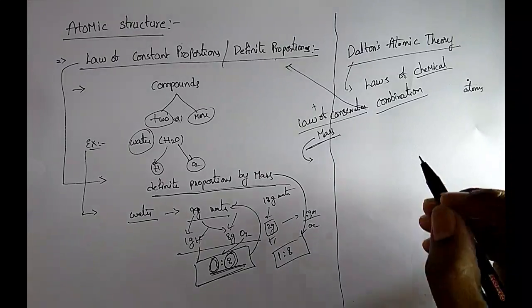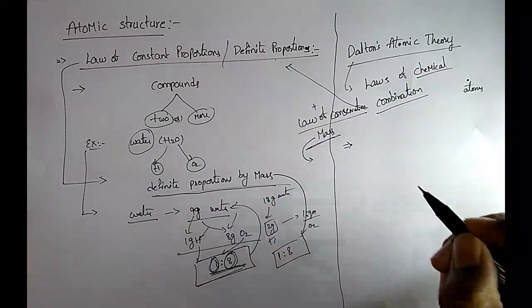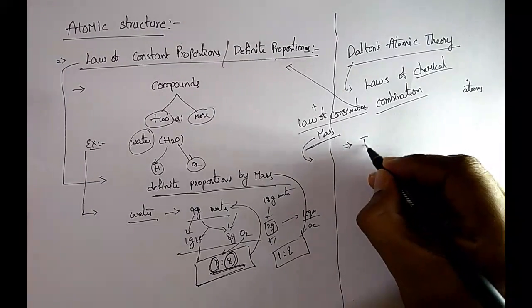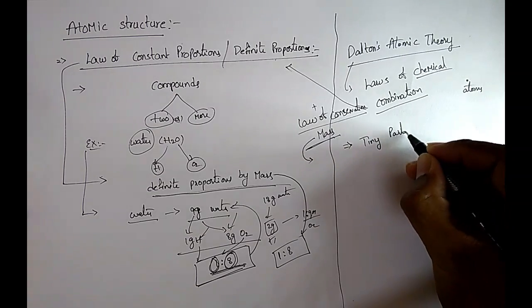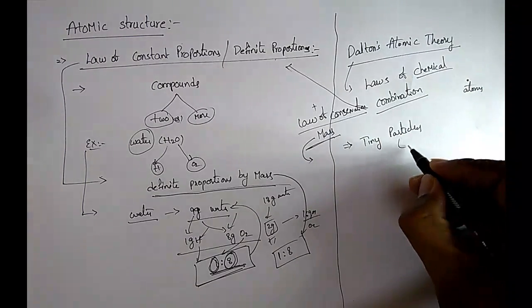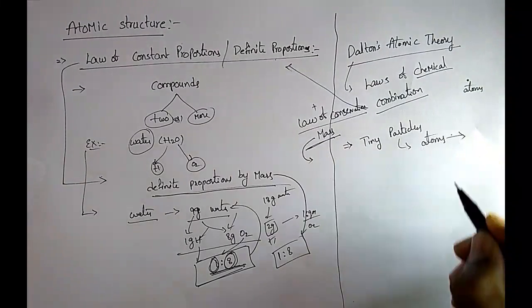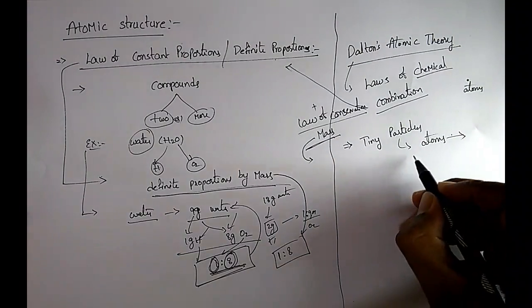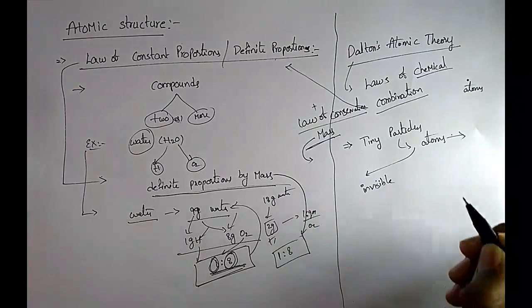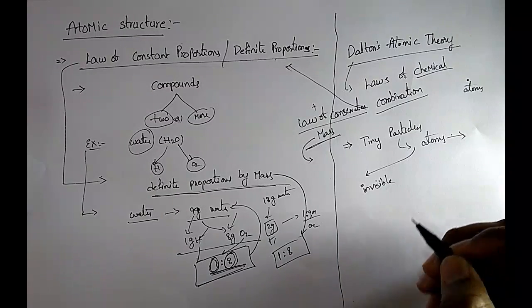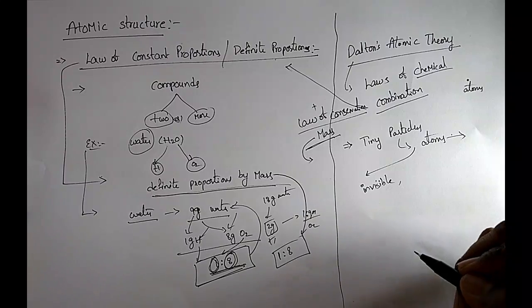It can change its form only. According to Dalton's theory, all matter is made up of very tiny particles, those are called atoms, which participate in chemical reactions. According to Dalton, these atoms are indivisible, that means they can't be created and can't be destroyed.